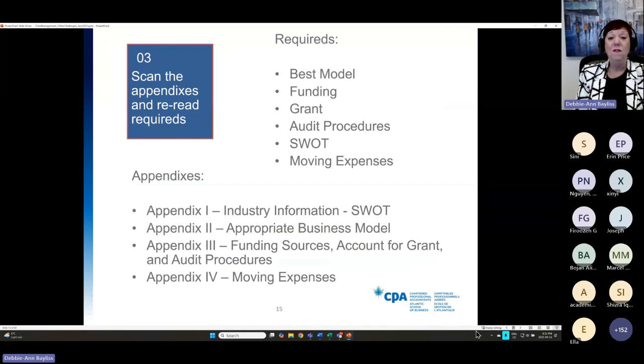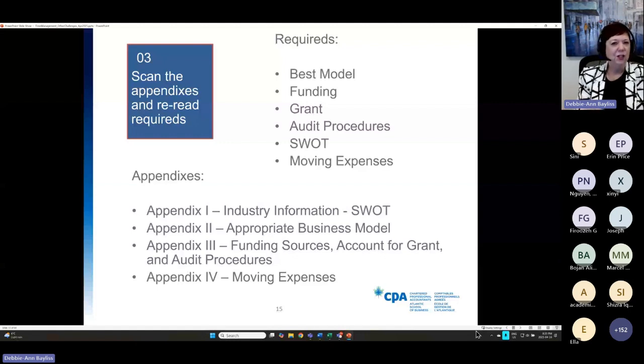So at this point, we've actually read the narrative for TinyCo. The next step is to scan the appendices and reread the requireds. In this instance, again, write those requireds on a piece of paper in that rough booklet, so we have all of our requireds.